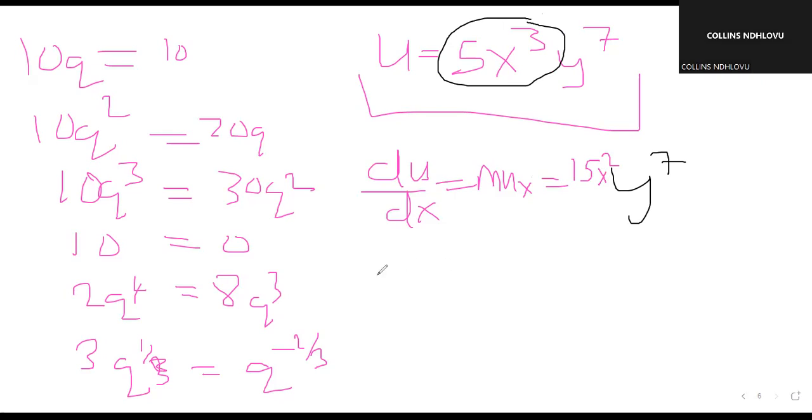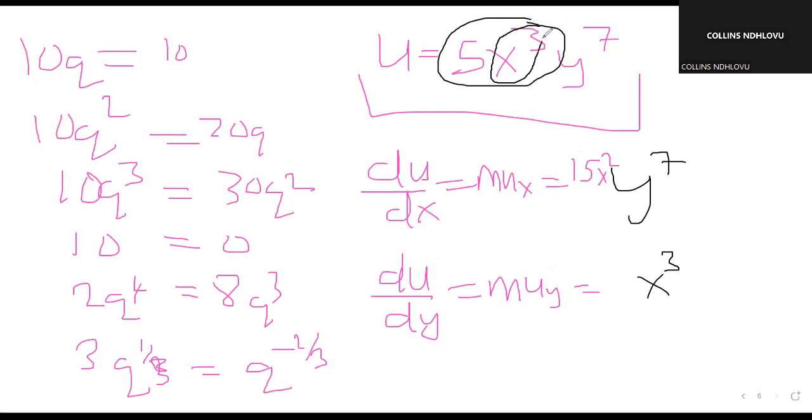Then if we're going to differentiate du over dy, what we're interested in is the marginal utility of y. So which one is our dummy? x3. Just cut x3. What remains? 5y7. So differentiate 5y7. What does it become? 35y6. Good.